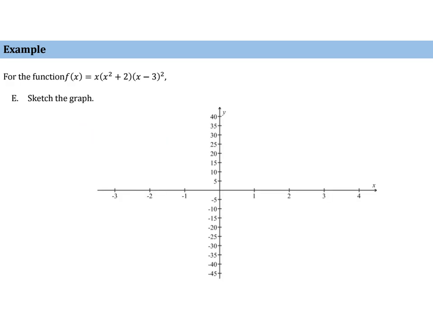So let's go ahead and graph. We know our end behavior is going to look something like this. And we know that our x-intercepts are 0 and 3.